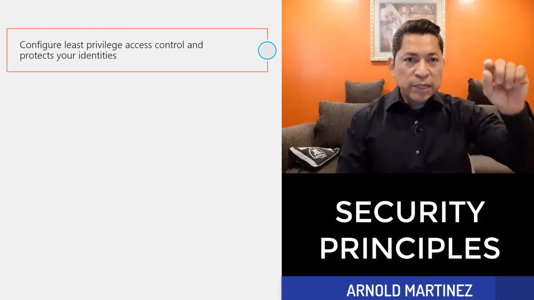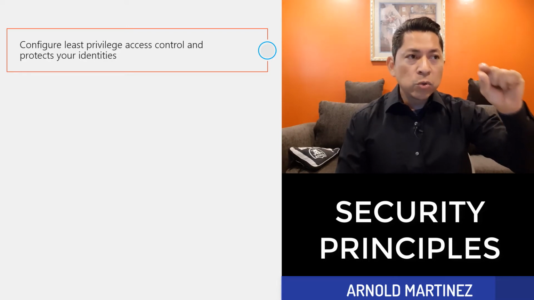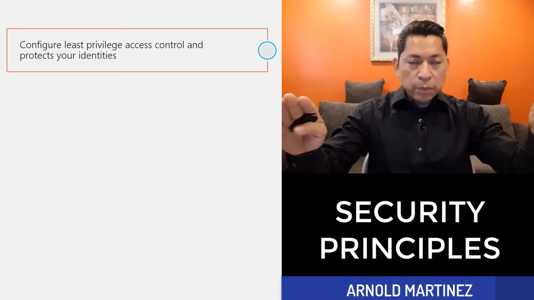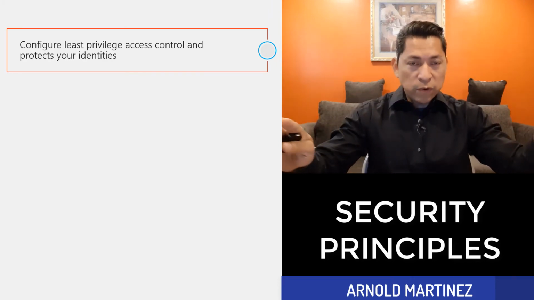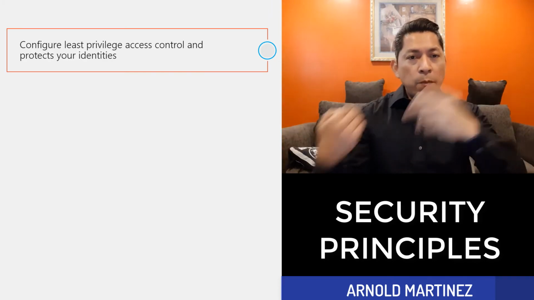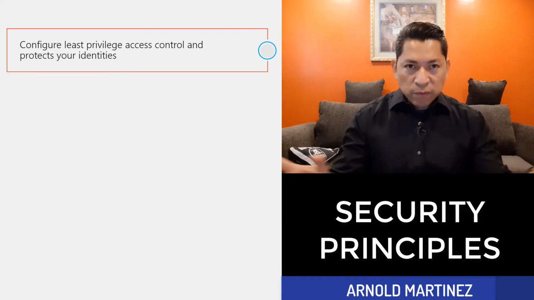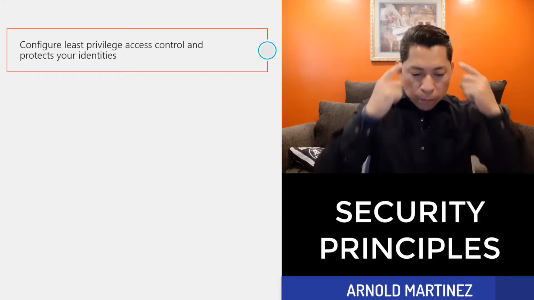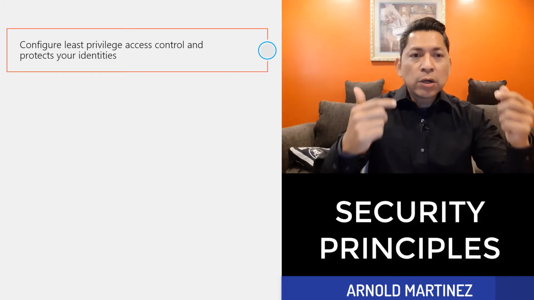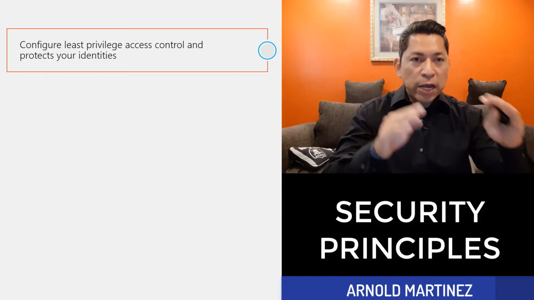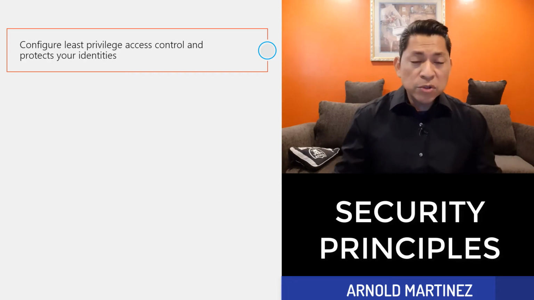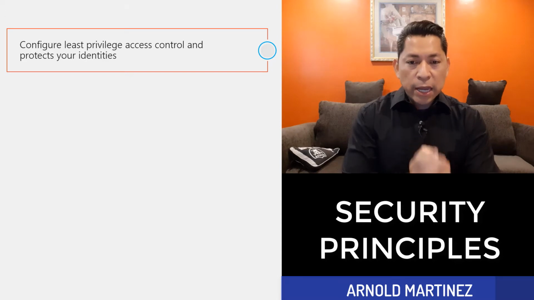At that time, they only have the capabilities to do those admin tasks. After the time is over, they go back to being simple users with no privileges, no permissions. So the first principle is to be in the mindset of giving just the least privileged access control to your administrators, and obviously help them to protect their accounts.